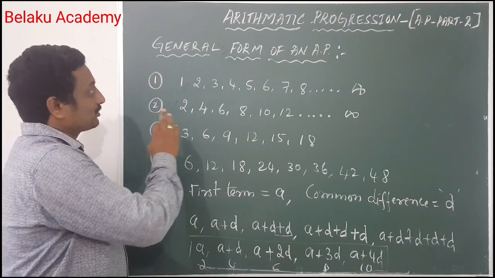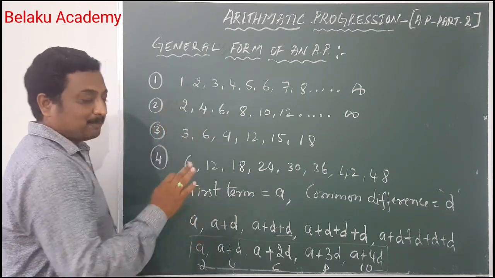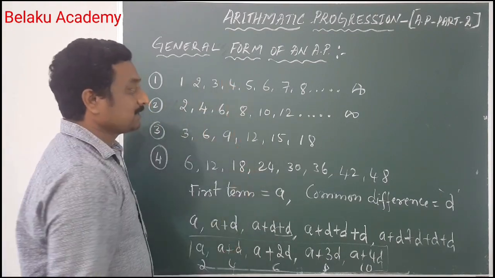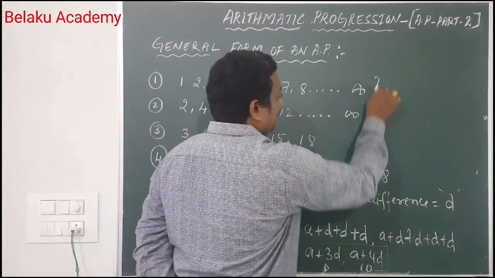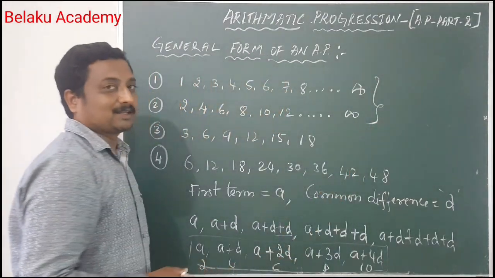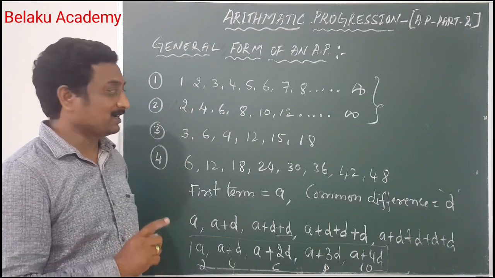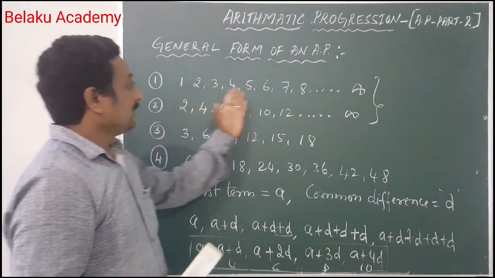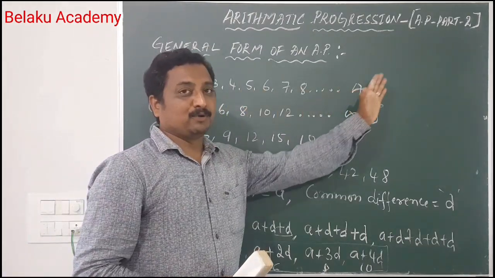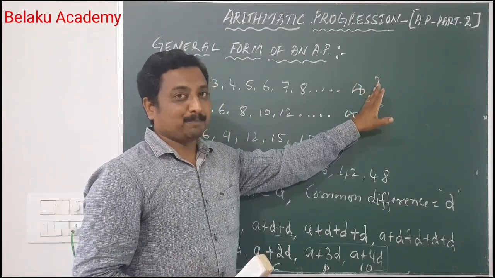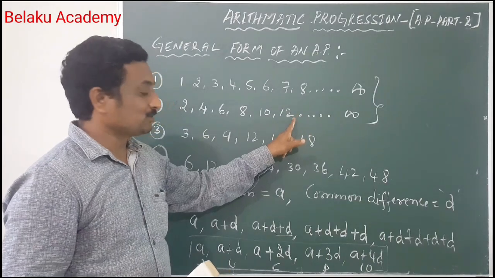So now you understood what is the general form of an AP. So here if you observe these 4 examples, the first 2 examples are called infinite arithmetic progressions. Why do we call them infinite arithmetic progressions? Because they are endless. They go up to infinity. We don't know the last term of an AP. Here also and here also.